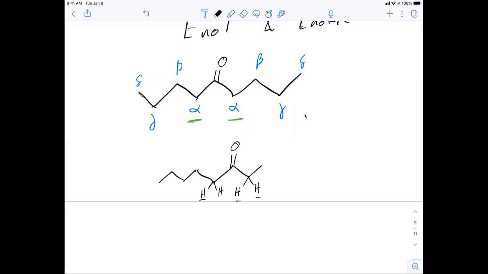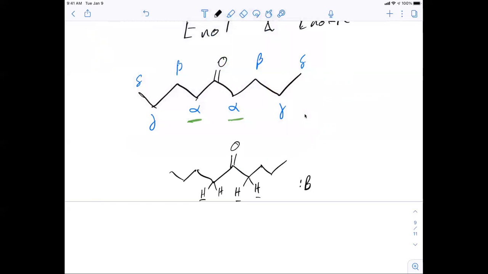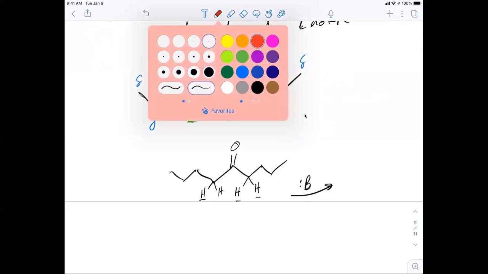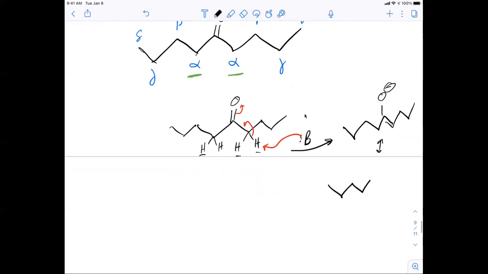So in this structure, these protons are going to be acidic because if I used a base to abstract one of those, I could easily make this species here, right? So it has resonance.